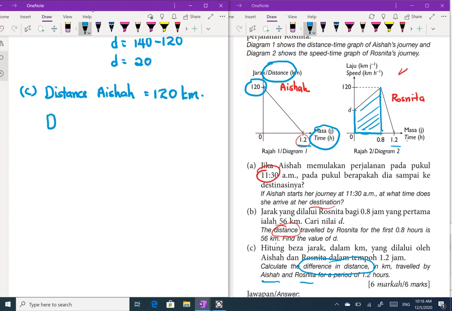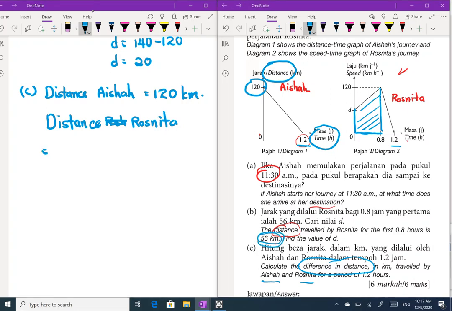Now I want to find the distance of Rosnita. From question B, we know that the first 0.8 hour is 56 kilometers. We know this already.